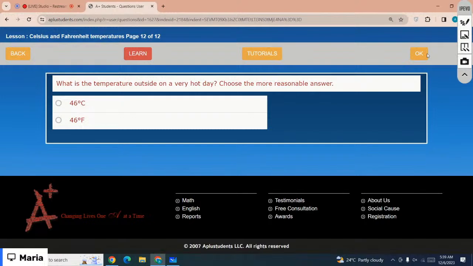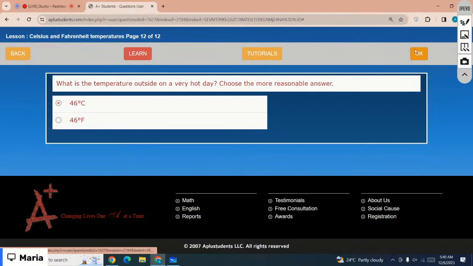What is the temperature outside on a very hot day? Which is the correct option? That is 46 degrees Celsius, right?